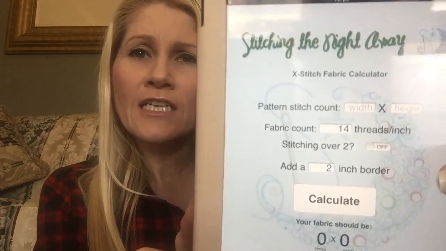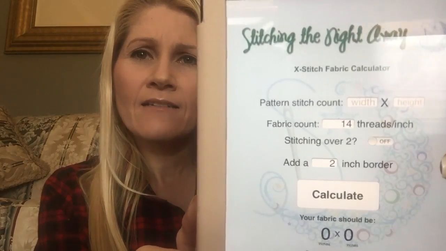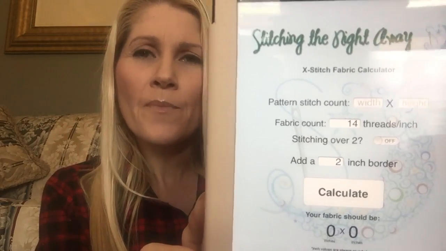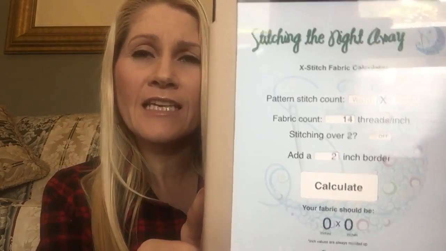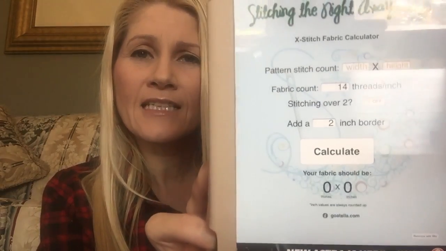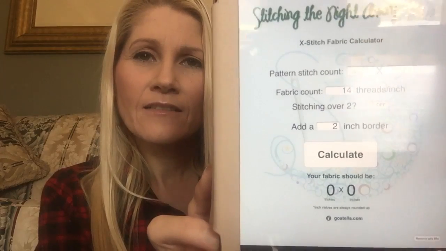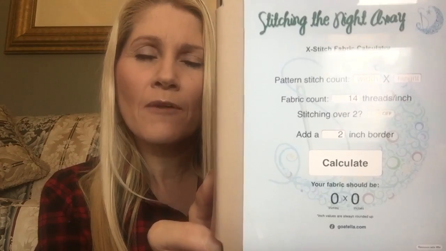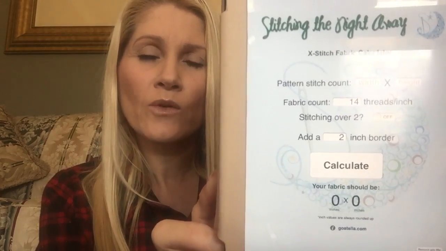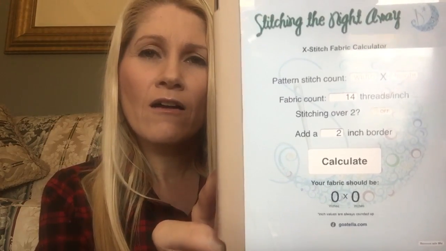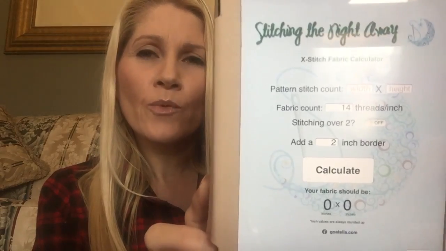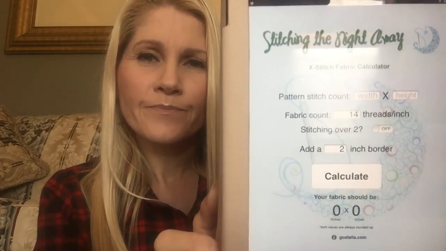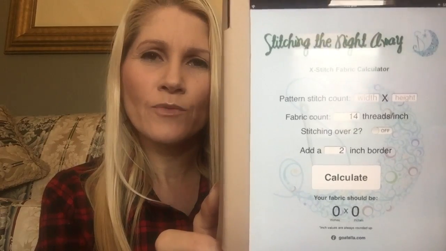And where this part is, add a so many inch border, I prefer to put 0 in there, and I like to calculate it and find out what the size is, and then I manually work out what my border is, because generally I will do a 3-inch border all around. Sometimes I want 2, so I like to work out how much it is without the border, and then I add that on afterwards.